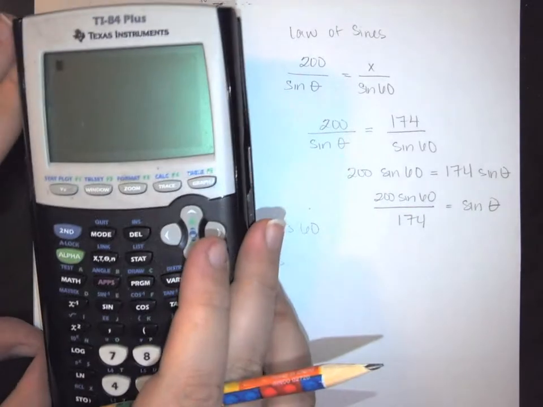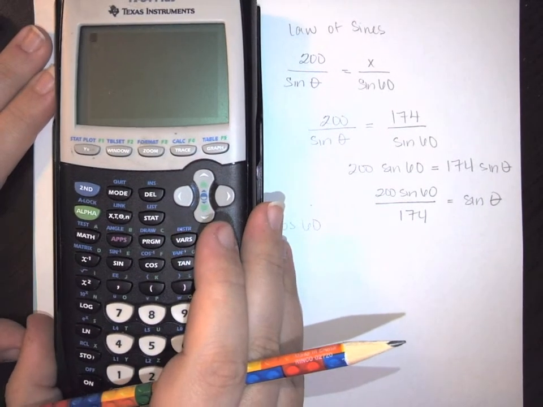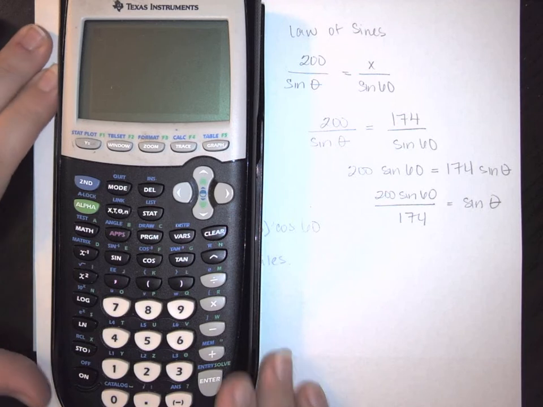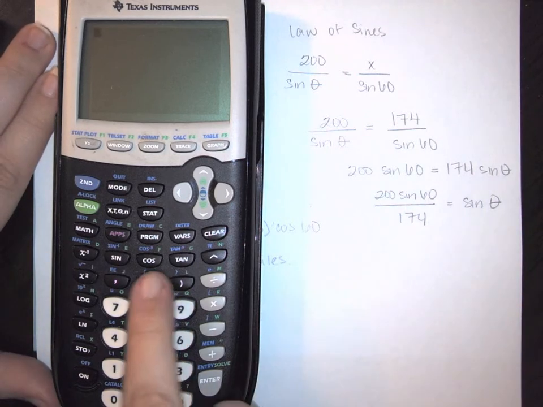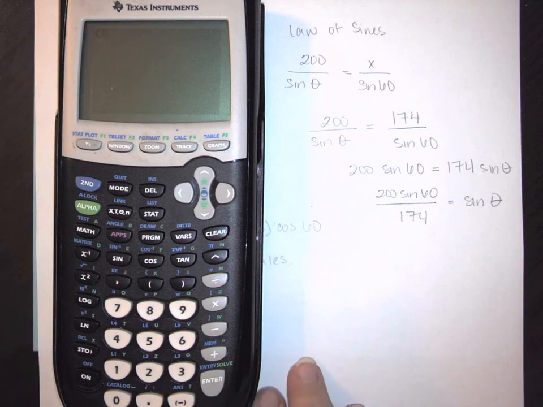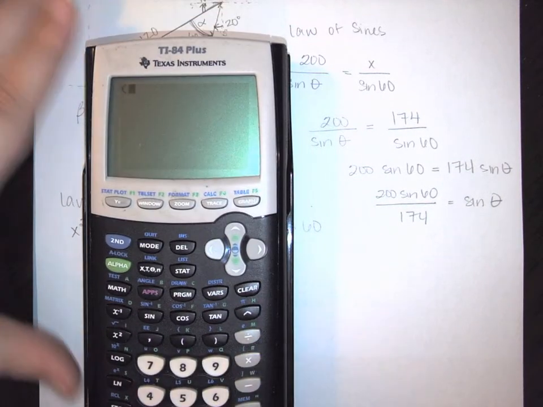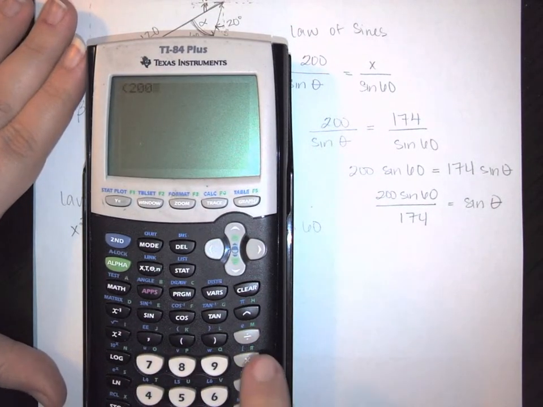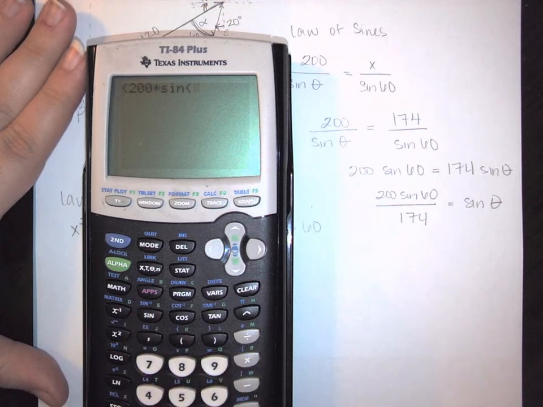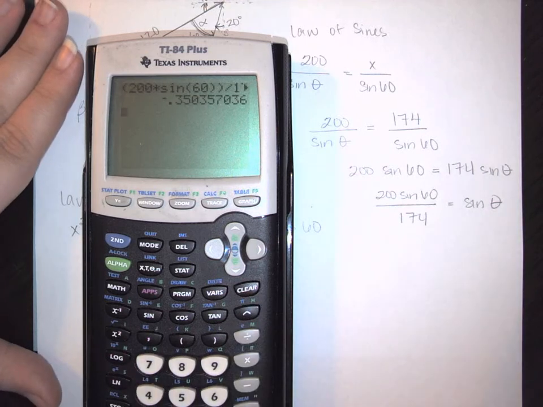So the first thing we would do, so here you can pull out a graphing calculator, is we would do the top. So I would open a parentheses, and we're going to have 200 times the sine of 60, and we're going to divide that by 174.